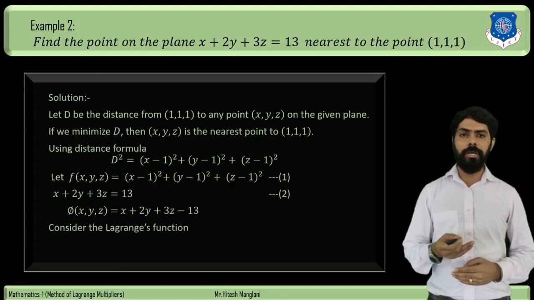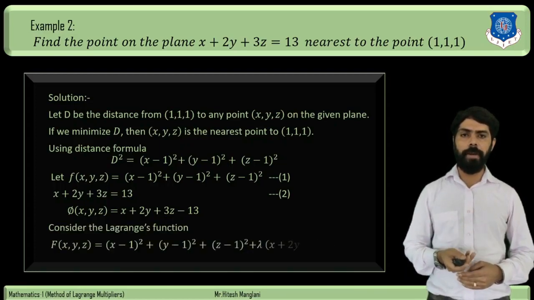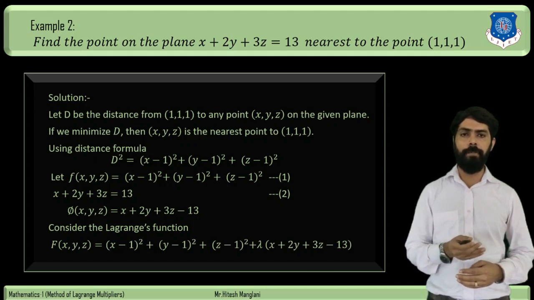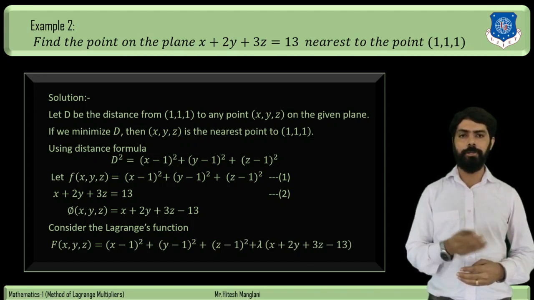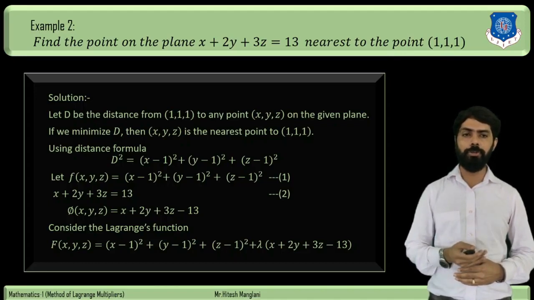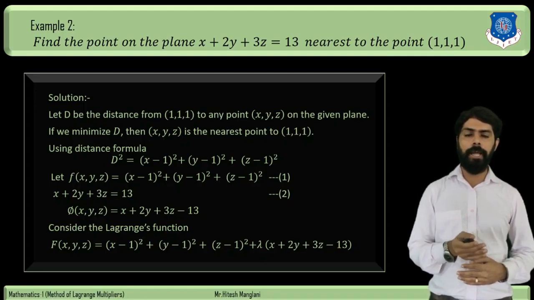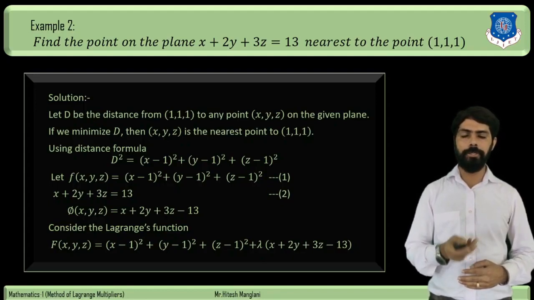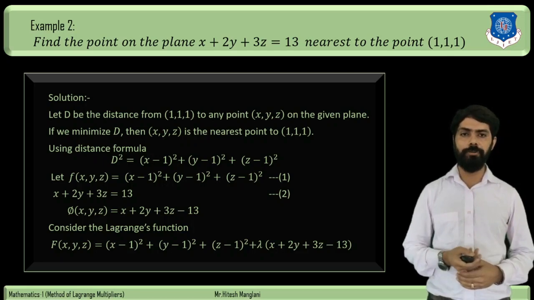Now consider Lagrange's function, which is given by capital F(x, y, z) is equal to f(x, y, z) plus lambda into phi(x, y, z). So it will be (x minus 1) whole squared plus (y minus 1) whole squared plus (z minus 1) whole squared plus lambda in bracket (x plus 2y plus 3z minus 13). So this is Lagrange's function.